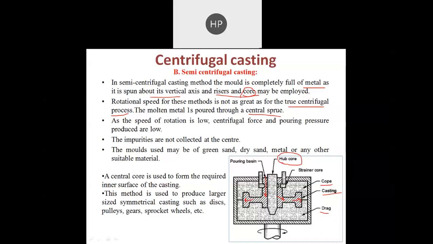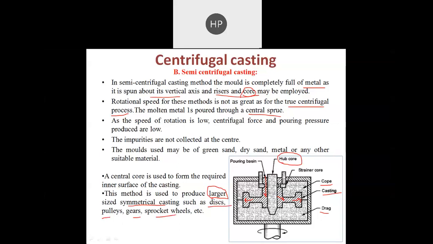And this method is used to produce large size symmetrical castings. So again, it is useful for symmetrical castings, but the size is not a limit. We can make large size symmetrical objects by semi centrifugal casting, like discs, pulleys, gears, sprocket wheels, etc. These are some of the examples which can be cast by semi centrifugal casting.